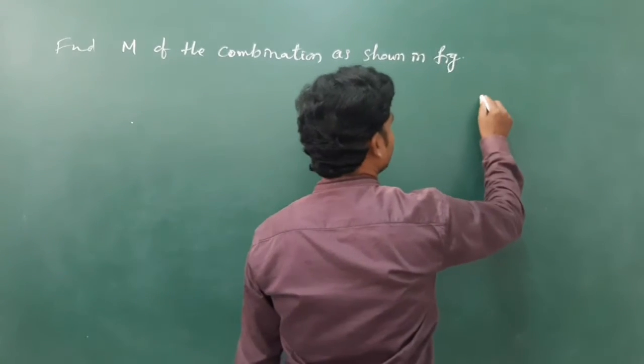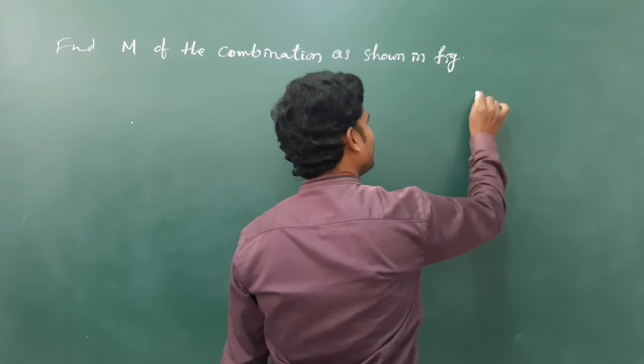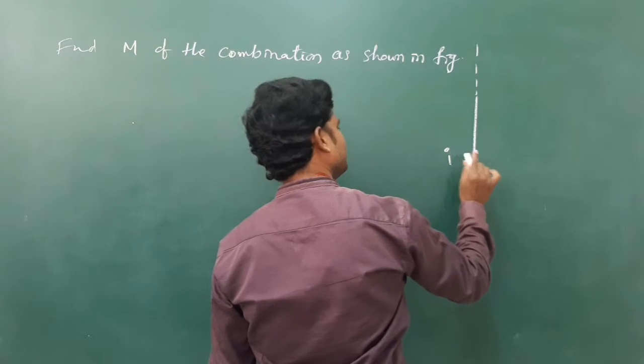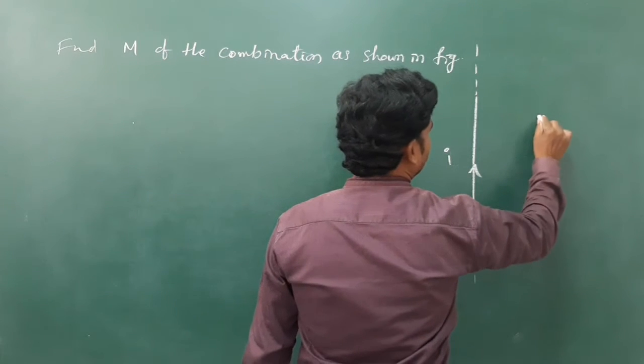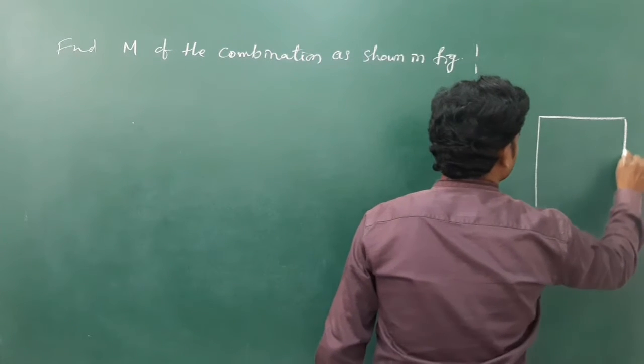See, they have given this combination: a straight infinite wire carrying current I, and they placed one more coil like this.